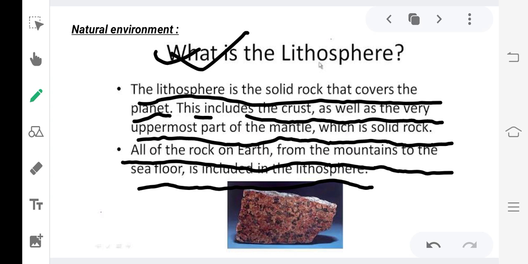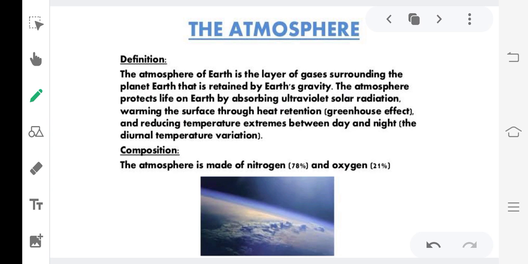The next is the atmosphere. What is atmosphere? We have to know the definition of atmosphere. Let's read. The atmosphere of the earth is the layer of gases surrounding the planet earth that is retained by the earth's gravity.